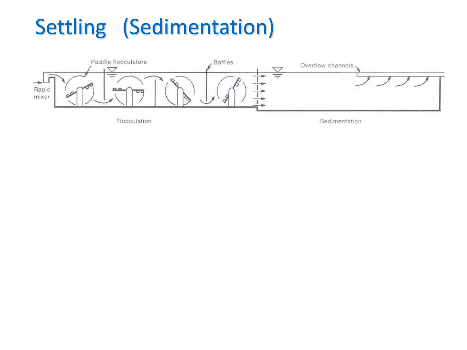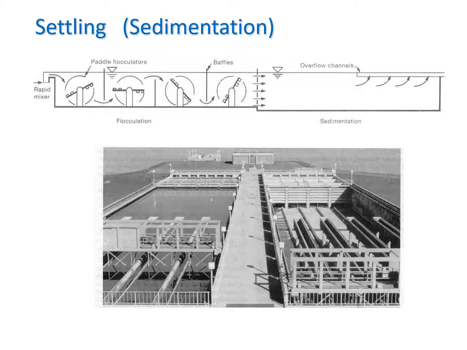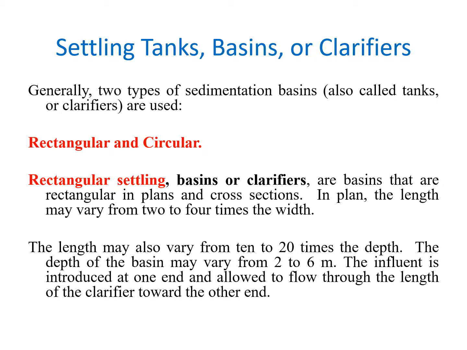After particles settle down, at the top end on the right side of the sedimentation tank, you collect the clean or purified water. Here you see one full and one empty settling basin, or settling tank. Settling tanks, basins, or clarifiers.